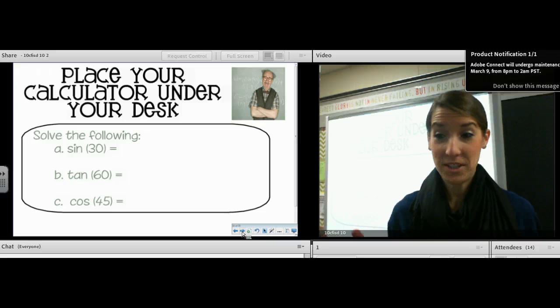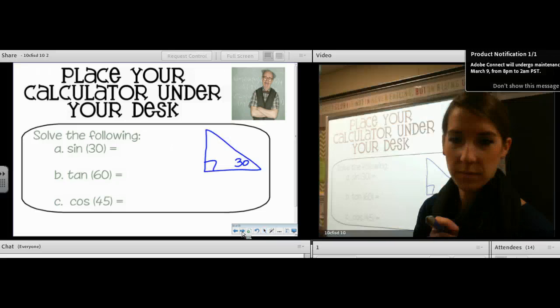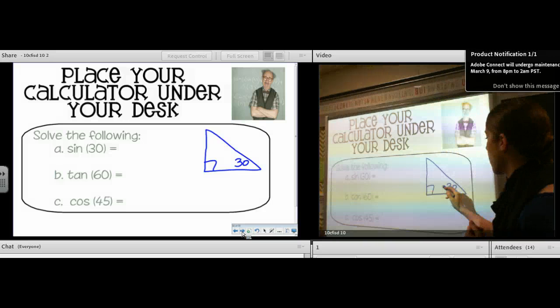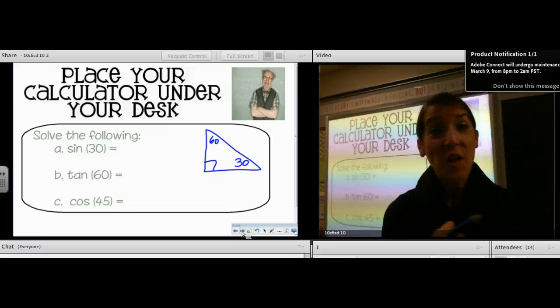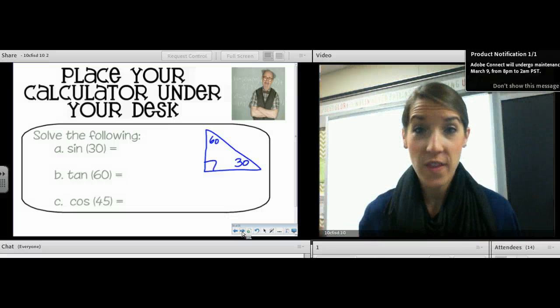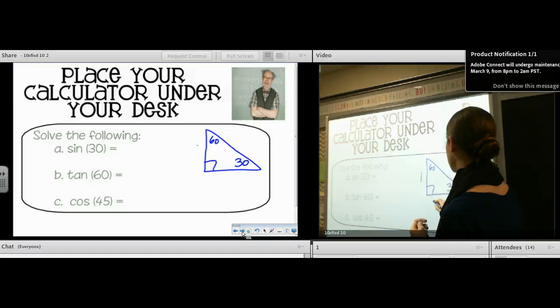No, it's not a trick question. You can solve it. That's a right triangle and that angle's 30, this angle's 60. Wait a minute, 30, 60, 90, we know rules for that. The rule is x, x root 3, 2x.